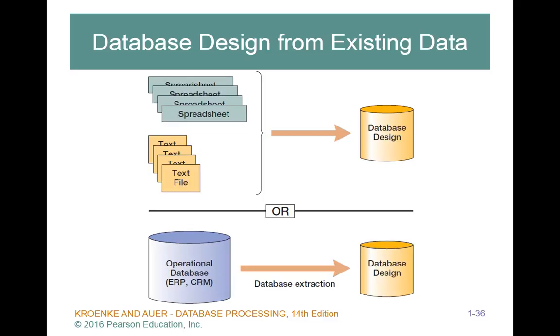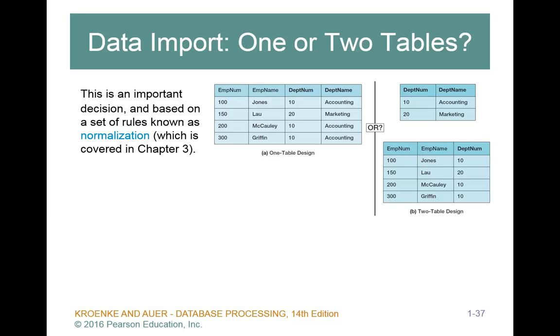We can be creating databases from spreadsheets or text files, or we could be taking an operational database and extracting data from it and creating a new database. That's still considered existing data. Remember, in chapters 3 and 4 we'll use normalization.